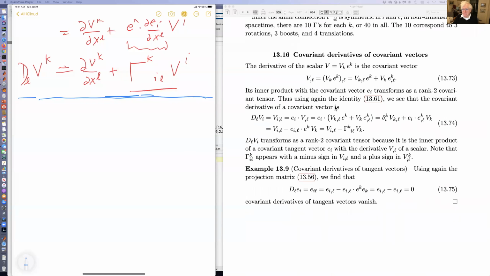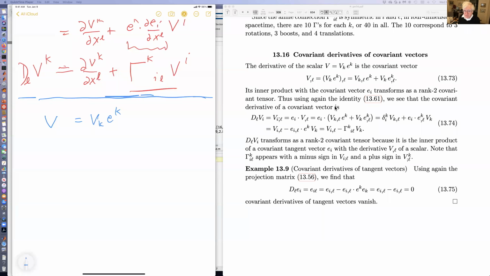Now what about covariant derivatives of covariant vectors? Well, again, we write this thing as a scalar, but now we write it as VK, EK, and we use the vectors that are perpendicular in the higher dimensional space to the basis vectors.